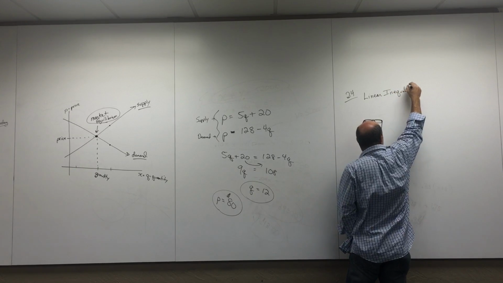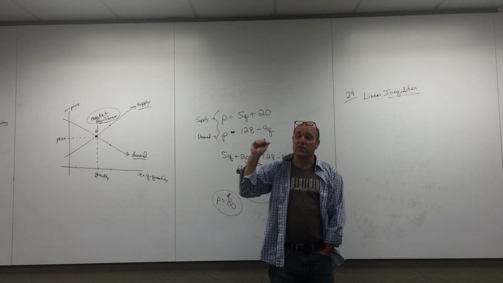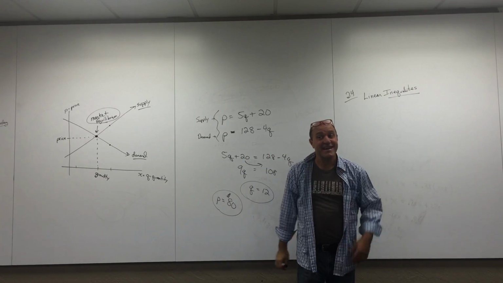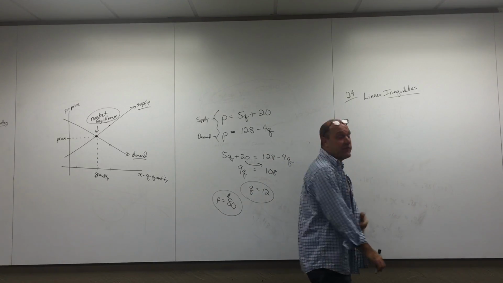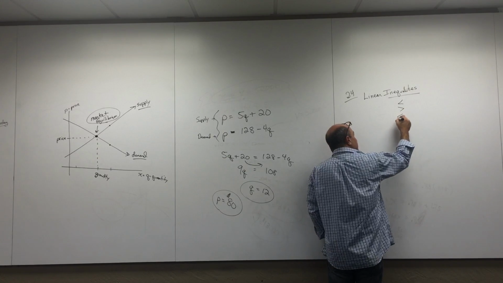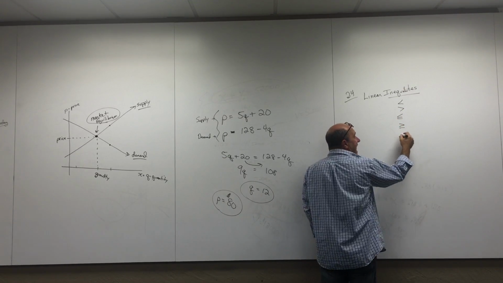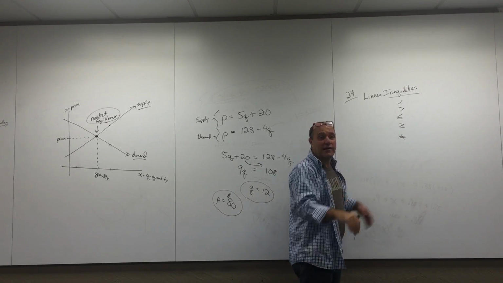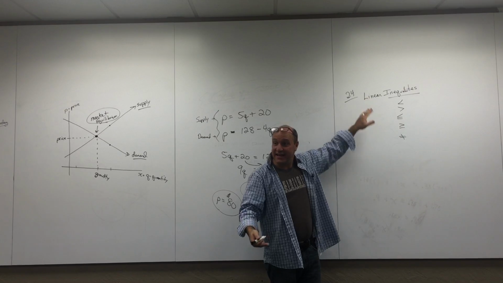Do you know what the word inequalities means? What we've been dealing with so far is equations. Equations have equal signs. Inequalities have less than, greater than, less than or equal to, greater than or equal to. You might even call not equal to an inequality. Everything that's not an equality or an equation is an inequality.